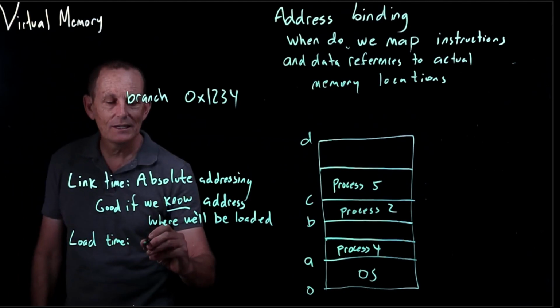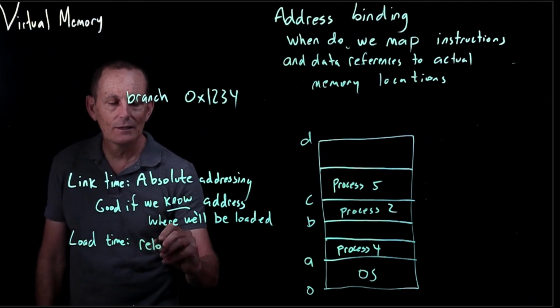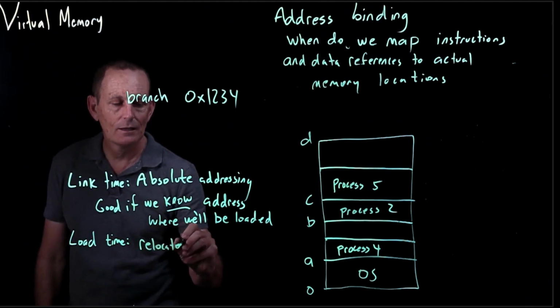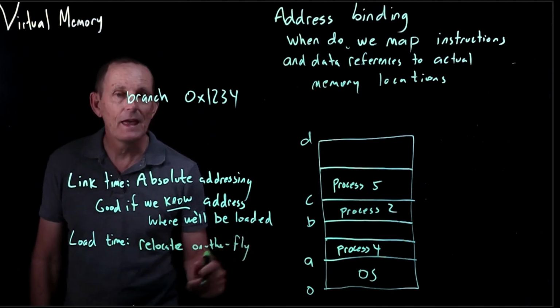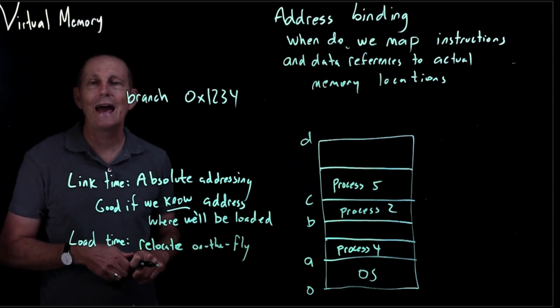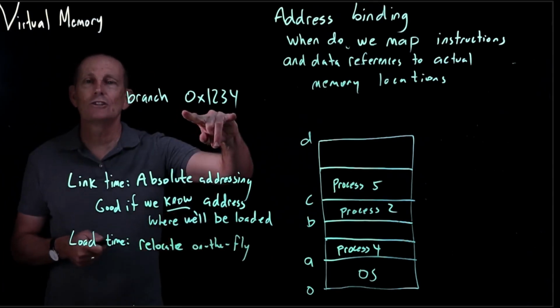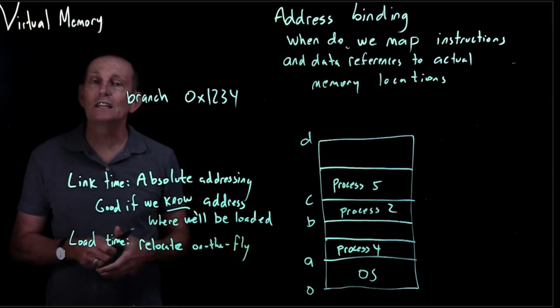And so what could happen here is we relocate on the fly. That is, the executable is going to have information in it about every branch instruction, about every reference to any address.